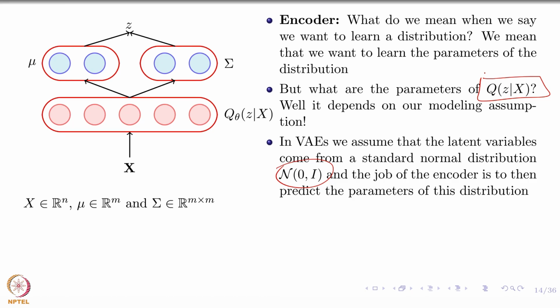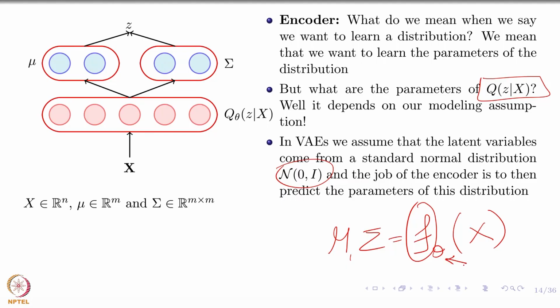So this mu and sigma, I'm going to express as f_theta of x, where f is a neural network, and theta are the parameters of the neural network. It takes as input x and gives me the distribution over z, or rather it gives me the parameters.